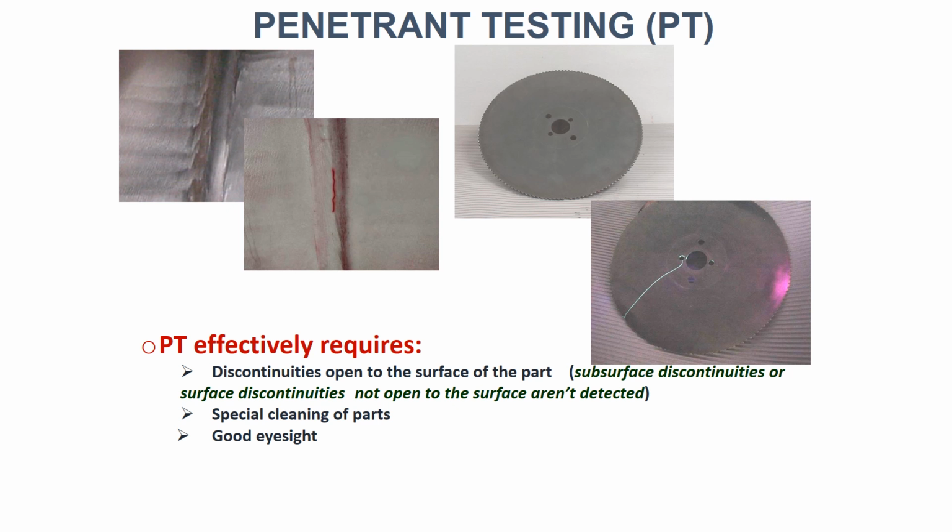So the most important step in any penetrant testing is the cleaning, the pre-cleaning of the part. Not only pre-cleaning is important, post-cleaning is also important, because you need to have complete removal of all the penetrant material residues from all over the surface of the part.